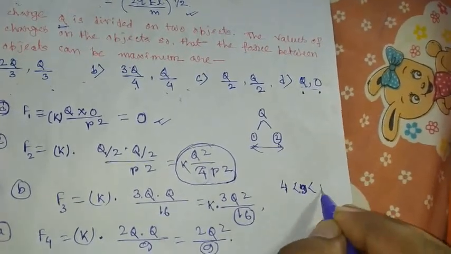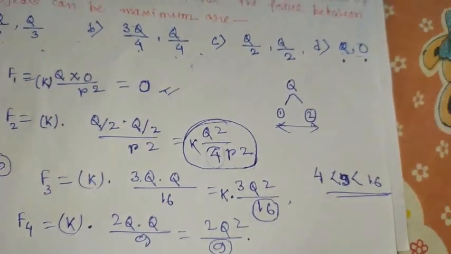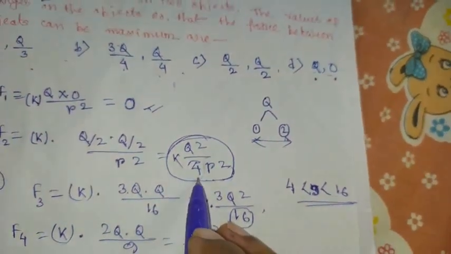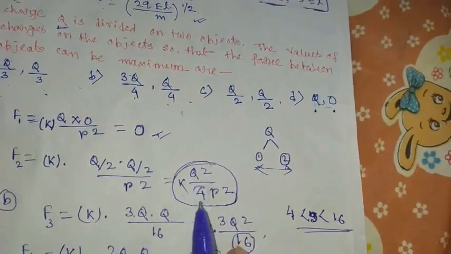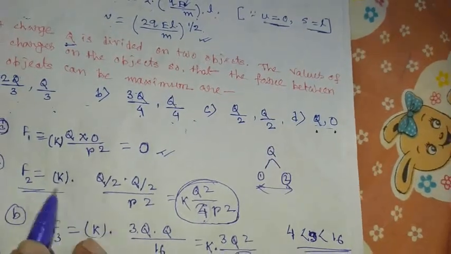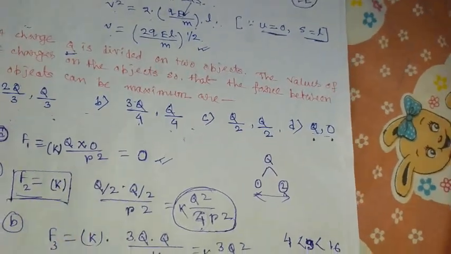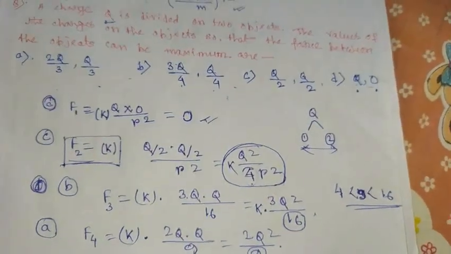We know that the lower the value of the denominator, the larger the fraction value. That means F2 is largest among F1, F3 and F4. So the F2 force is largest.